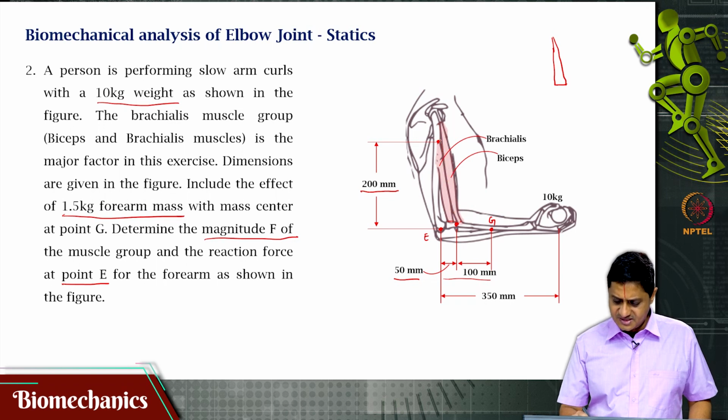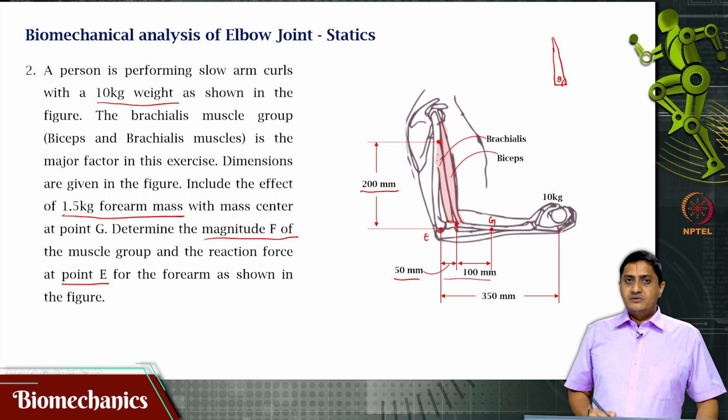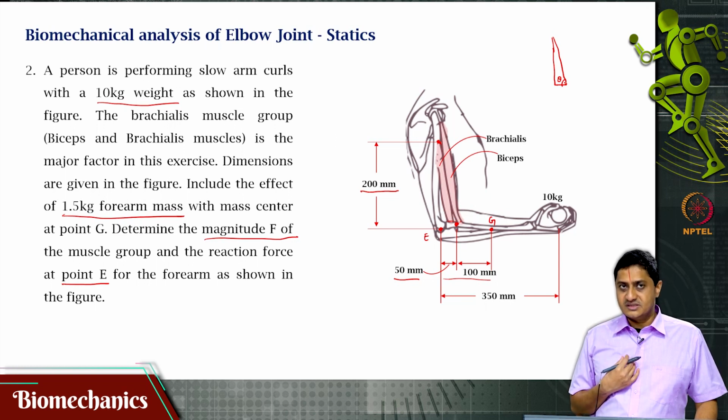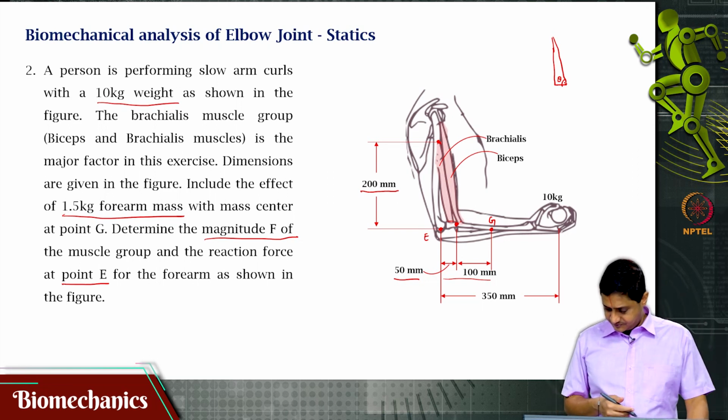Actually it is not a single muscle, but let us assume that for the purpose of this, this is the point of origin and this is the point of insertion. The question is, what is this angle? Why do you have to know this? Because in my computation of the forces, I will need to resolve these forces as a function of that theta. We need this direction, we need this theta.